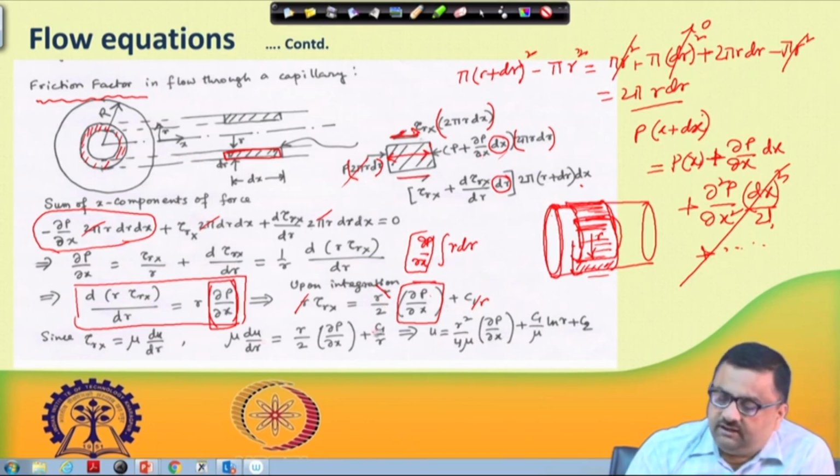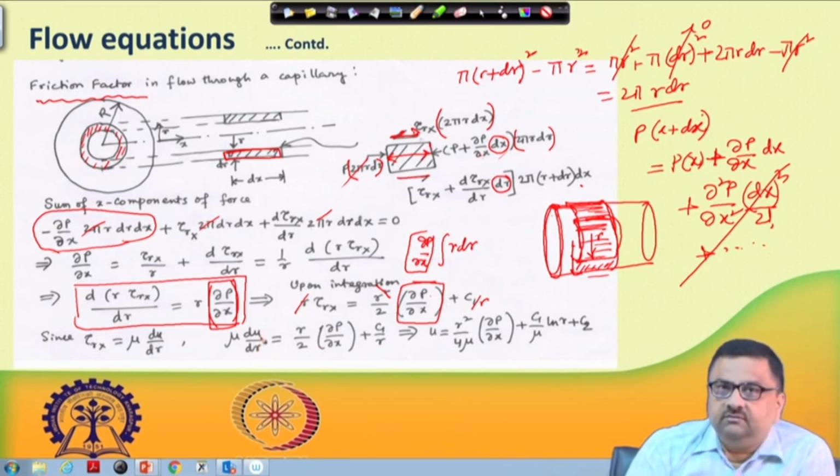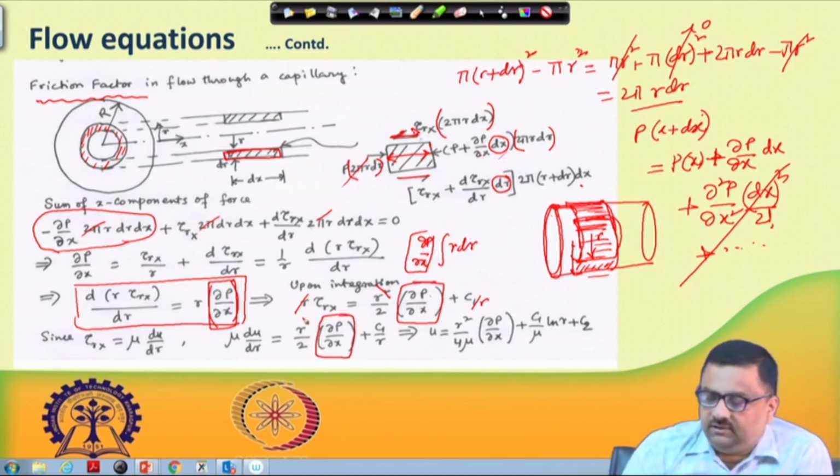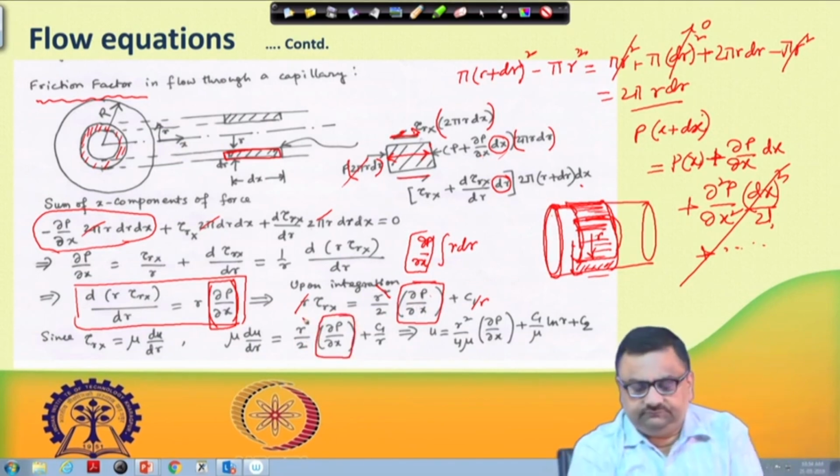So, then you have this. If you replace tau_rx by mu du/dr, you end up with mu du/dr equal to r by 2 del p del x. Del p del x we are keeping as a box, we are not touching anything there, plus C1 by r.